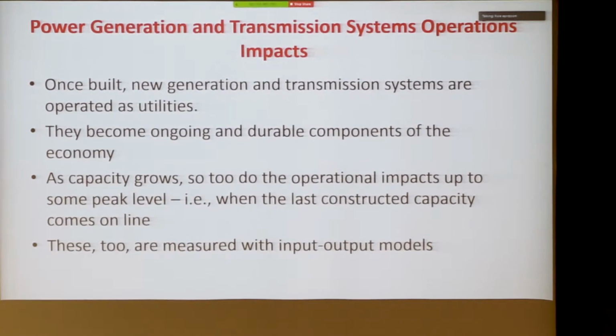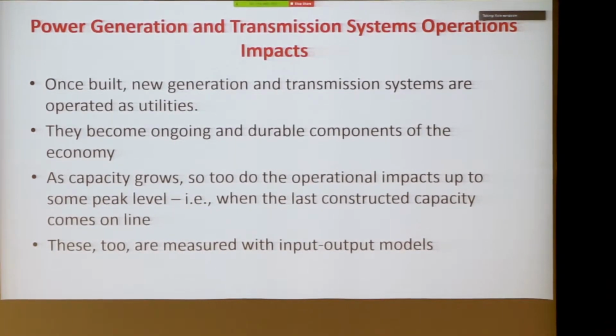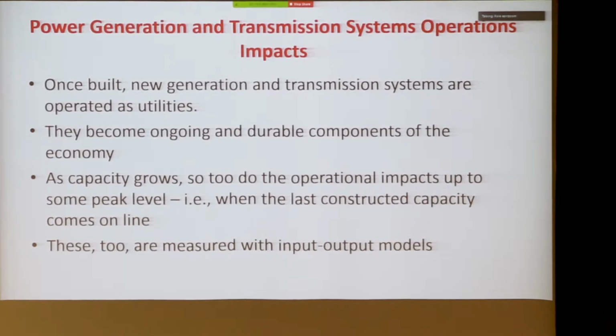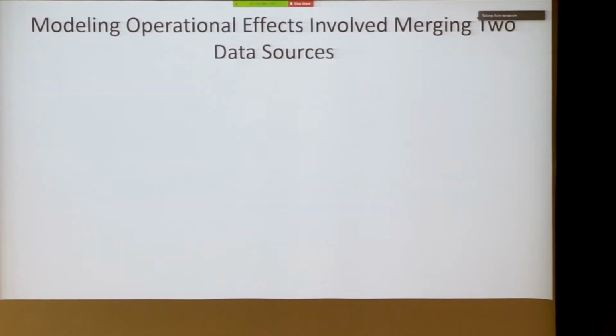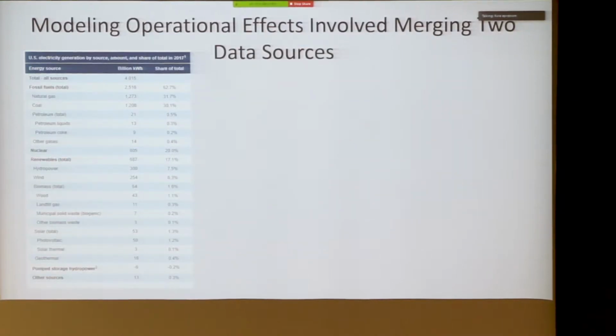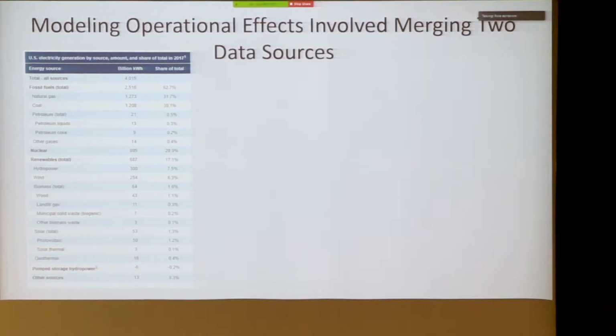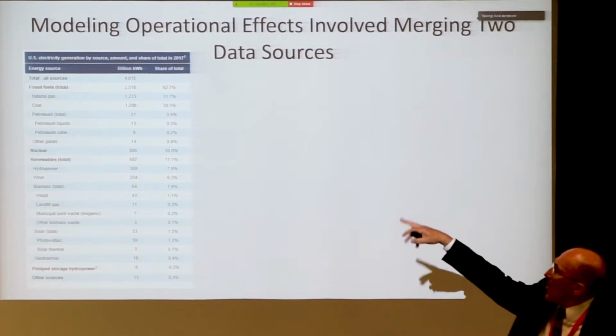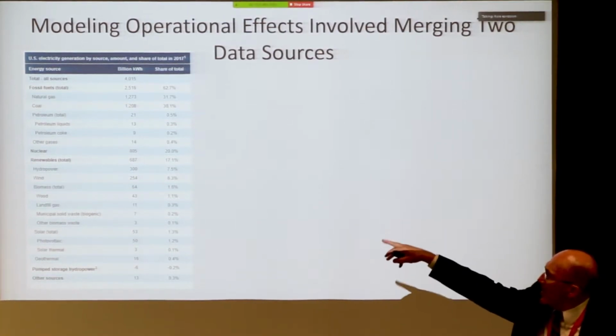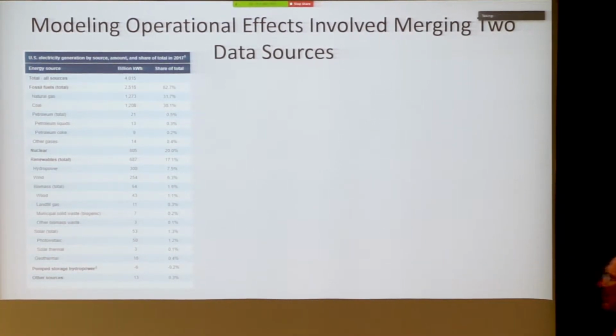Now, this was a little bit more straightforward. It's more straightforward in the sense that it's more conventional in the way that we did that. But I had to get some information. First of all, the Department of Energy has a nice current chart that tells me how much energy is generated by source. So I have fossil fuel by category, nuclear, renewables, several other categories.